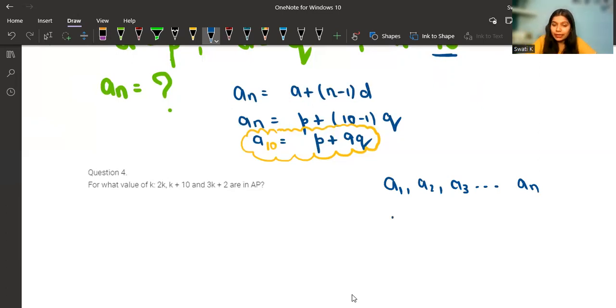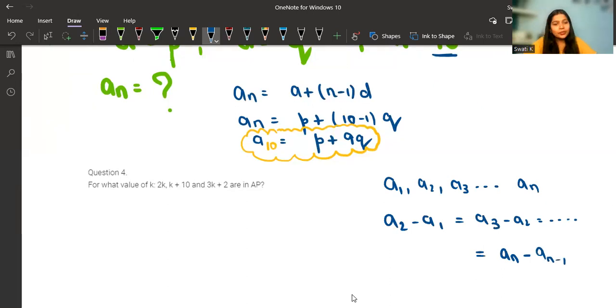So it implies A2 minus A1 equals A3 minus A2, and so on, up to AN minus the previous term, that is AN minus 1.